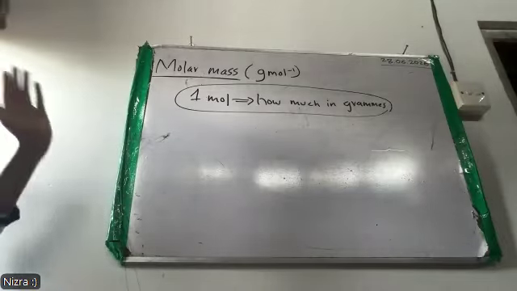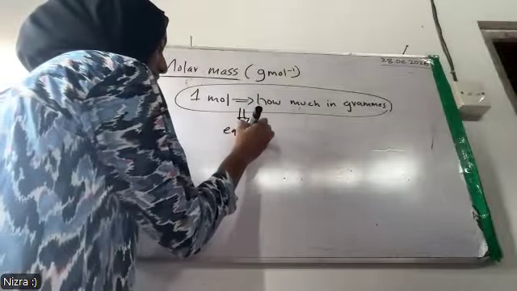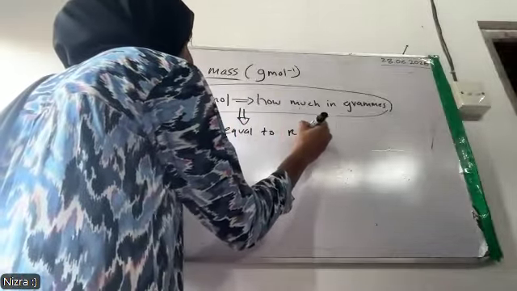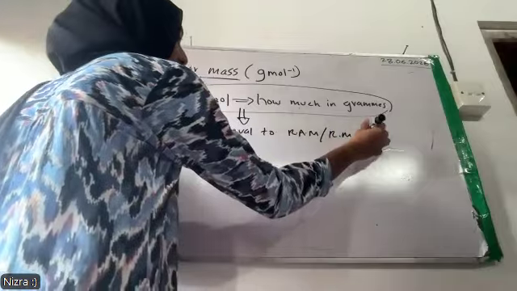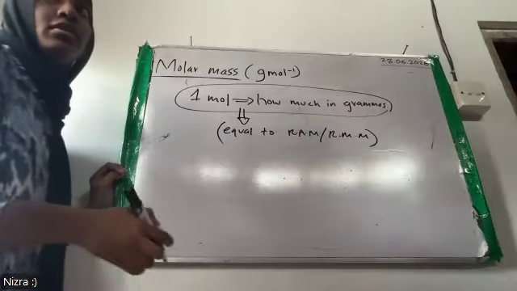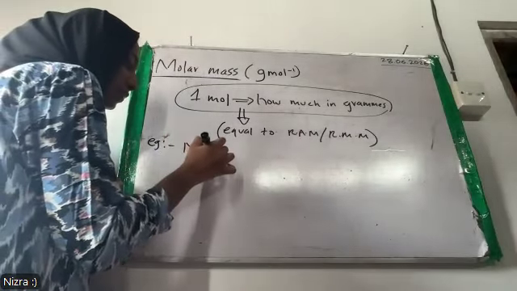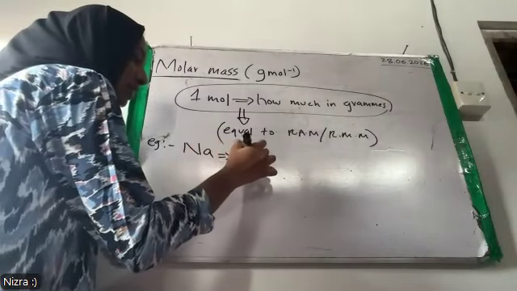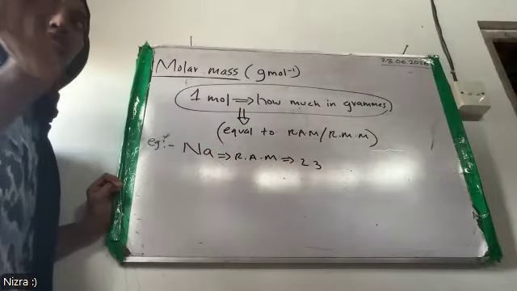Now, this is very easy. This is actually equal to the relative atomic mass or relative molecular mass of the particular compound or element. Okay, now look at this. Sodium's relative atomic mass, check in the table, I think it's 23.